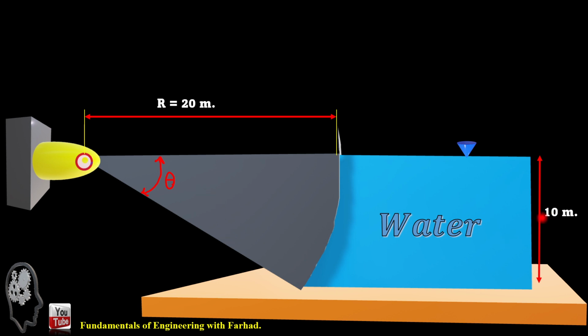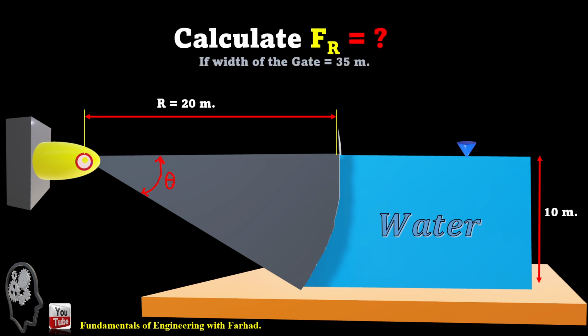You can easily calculate it based on dimensions, and that's pi over 6 or 30 degrees, which we did last time. Then the width of the gate is 35 meters, that's the third dimension in the z direction. We want to calculate the resultant force.